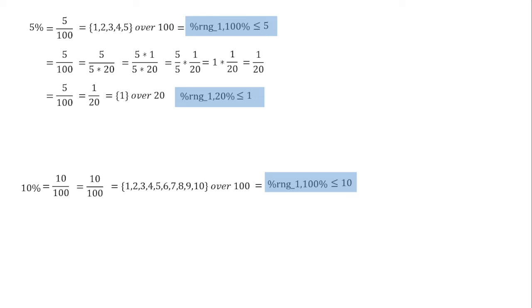In the same way we did before, 10 over 100 can be written as 1 over 10. That means one number, which will be 1, over 10 number possibilities. In terms of placeholder, it means RNG between 1 and 10 inferior or equal than 1.